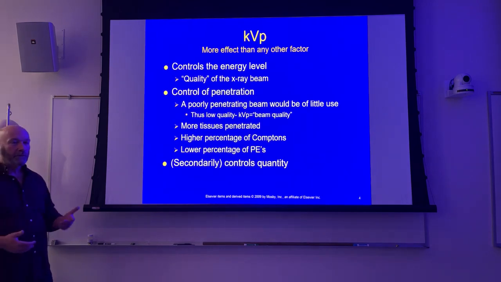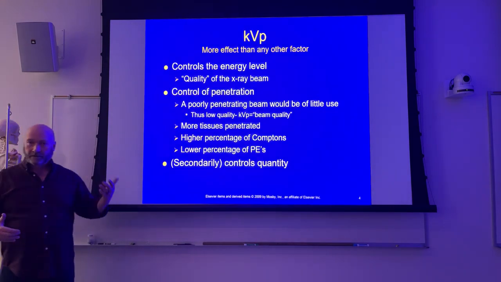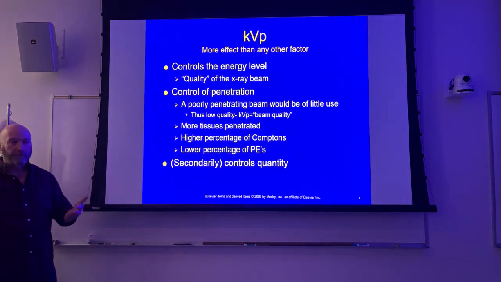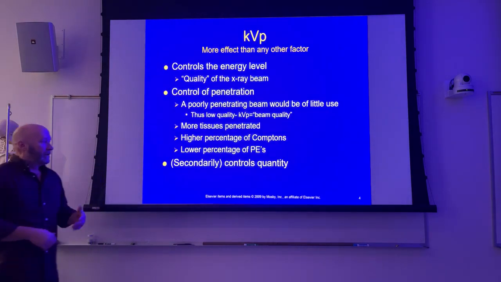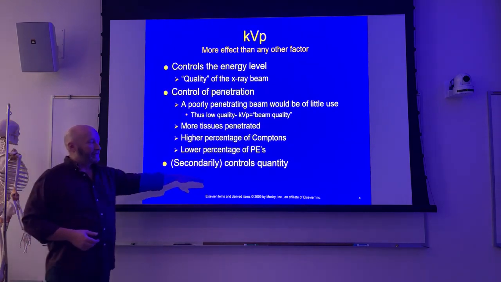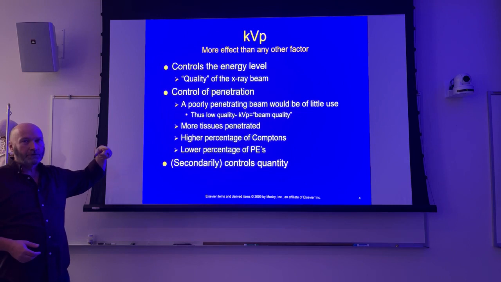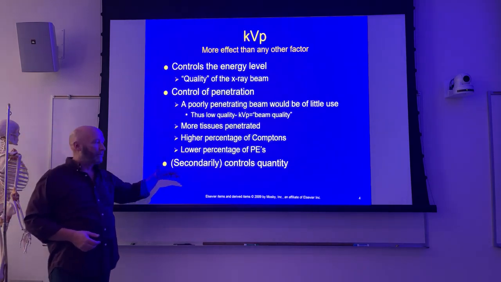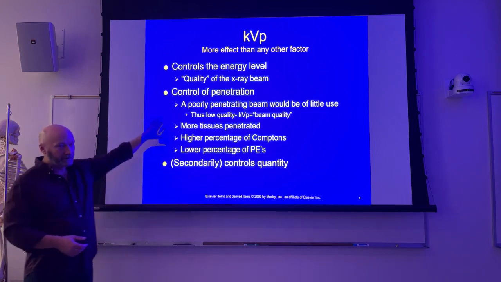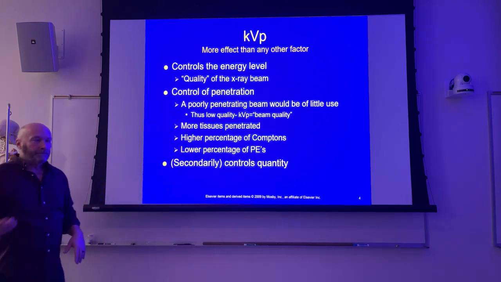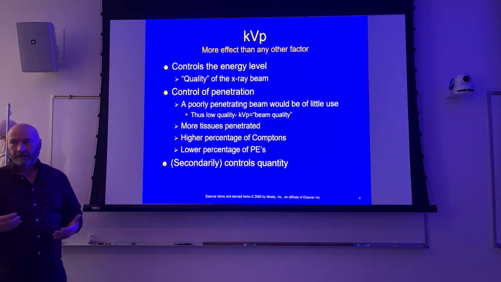So as a result, what we get is a higher percentage of Compton interactions, Compton emissions from the patient, compared to PEs, okay? So we say kVp secondarily controls quantity, even though it controls quantity more so than mAs does. The reason we want to attribute it to a secondary status is because it controls all this other stuff too, right? Whereas whenever you change your mAs, the only thing that you change is intensity.